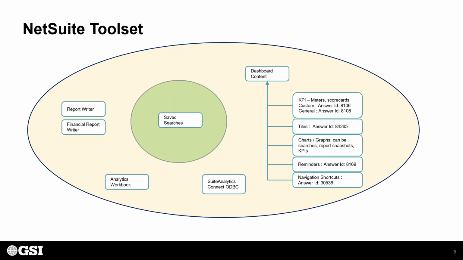And so when it comes down to it, the NetSuite tool set that we have can seem overwhelming. A lot of times we have clients come to us with reporting requirements, and there's a lot of jargon and a lot of different opportunities and tool sets, and it clouds the conversation.